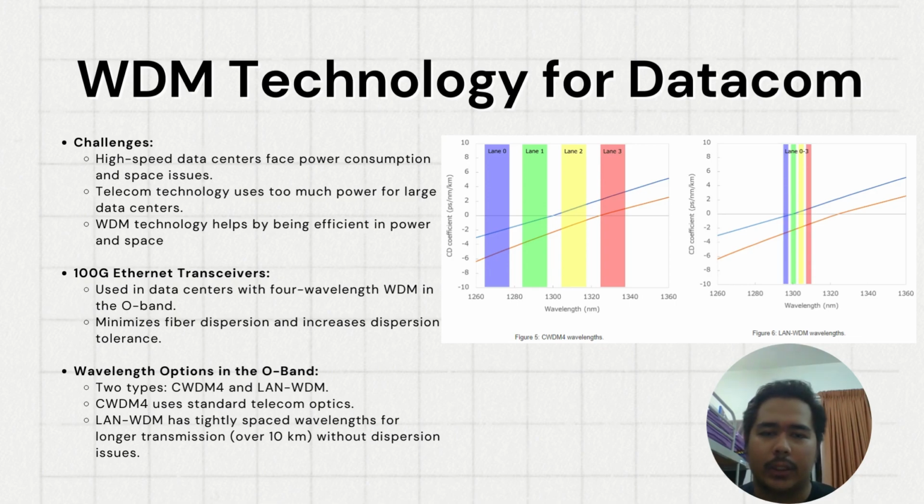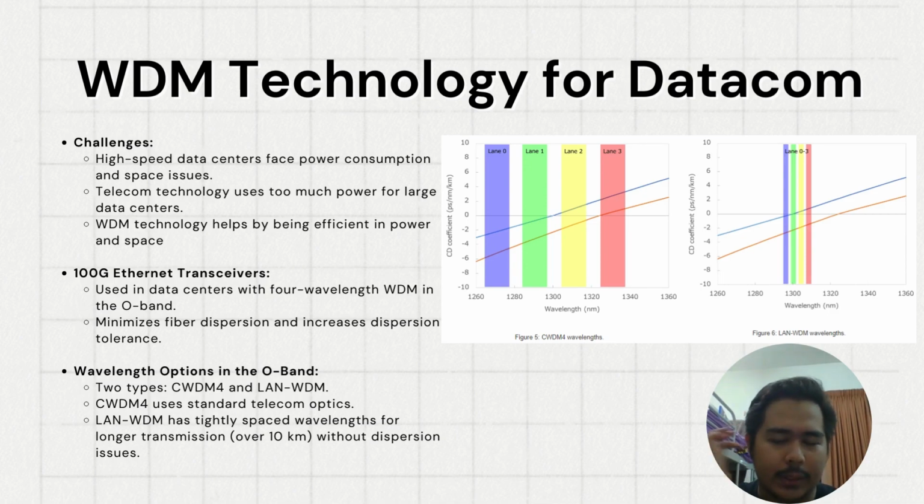For example, 100 gig Ethernet transceivers are used in data centers with 4-wavelength WDM in the O band, which minimizes fiber dispersion and increases dispersion tolerance. For wavelength options in the O band, there are two types: CWDM4 and LAN WDM.